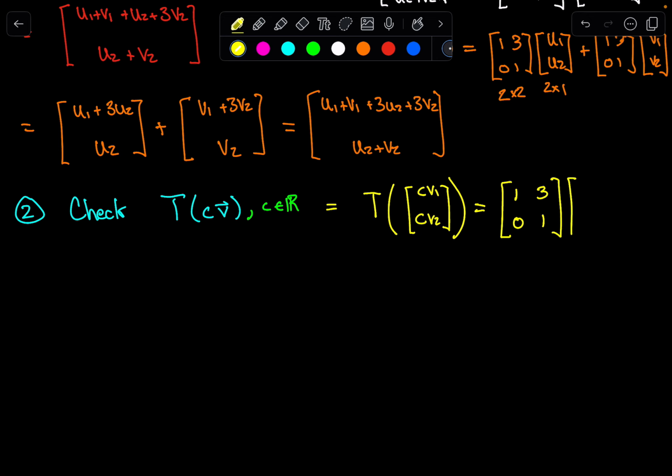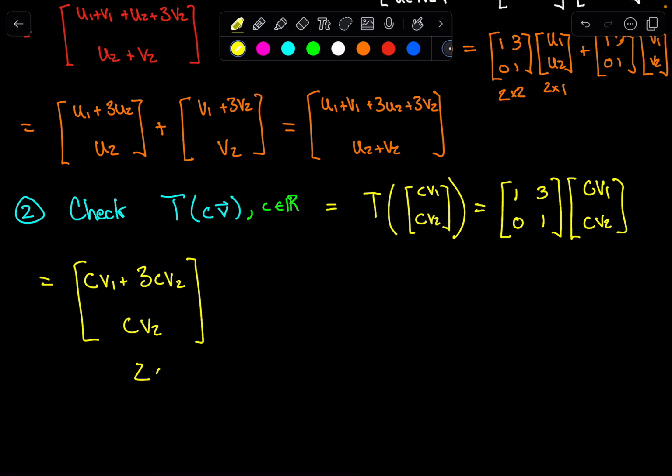And now the vector we're plugging in is cv1, cv2. So what's that equal? That equals cv1 plus 3cv2. And then the bottom, if we do row times column, we're going to get just cv2. So we get our resulting 2 by 1 matrix.